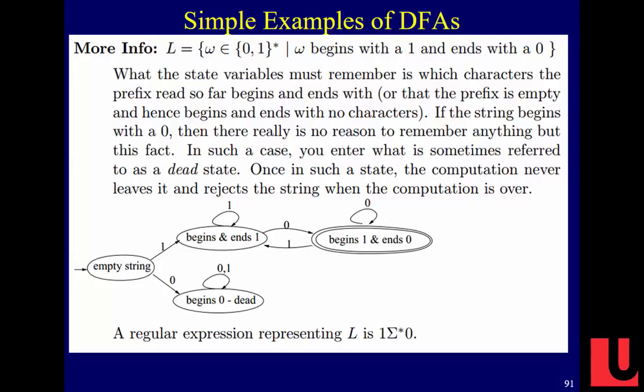If I have a string, when does it get here? Well, if it's of length t plus 1, then the string of length t was either here and I got a 0, which I'm good, or it was here and I got a 0, which I'm good. That proves that everything of length t plus 1 that gets here is good. If and only if.